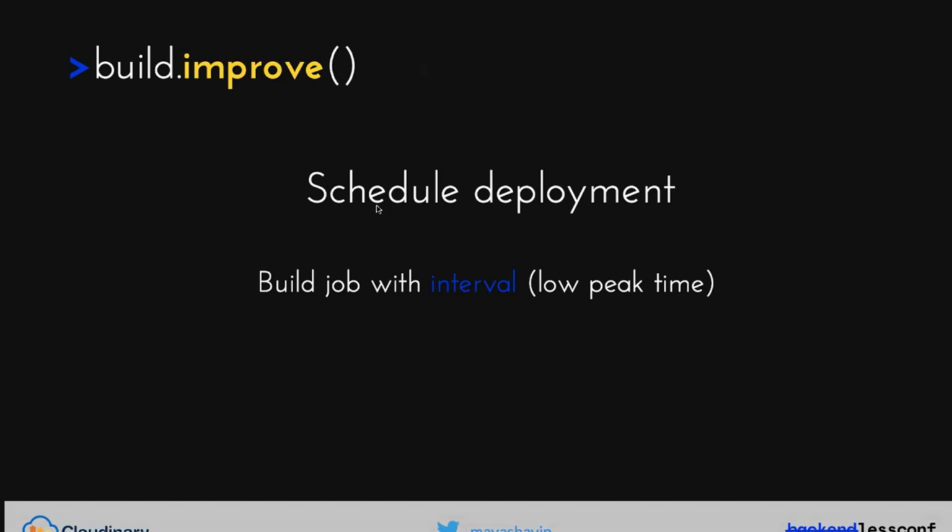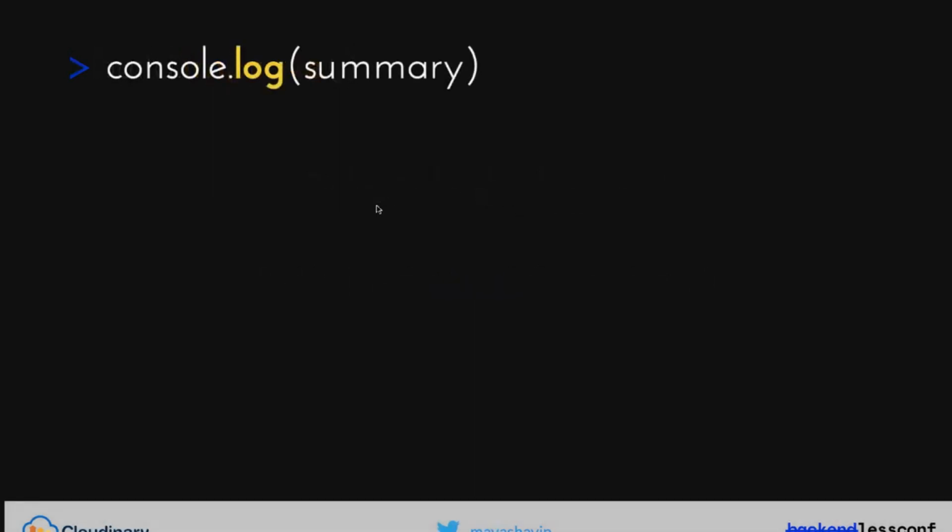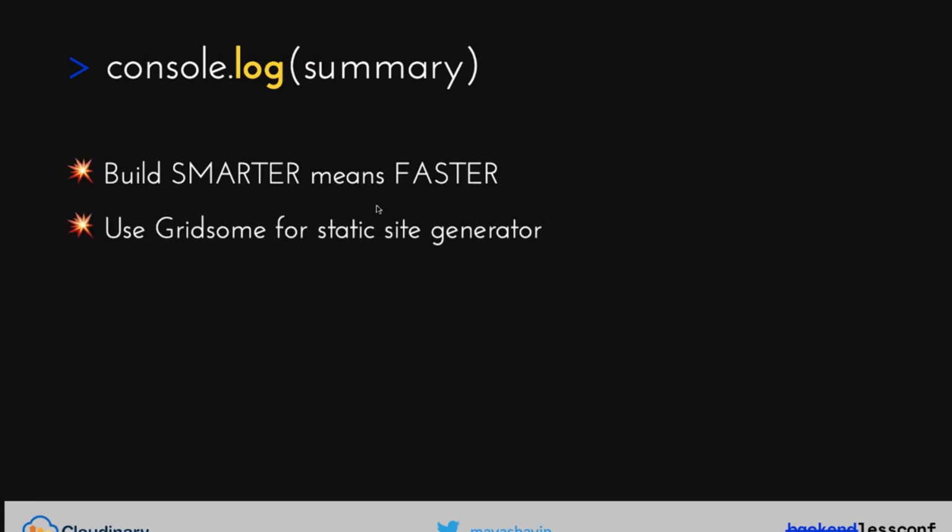And lastly, let's summarize. So what should we do? We need to build smarter, because it means we get it faster. And we need to use Gridsome as a static site generator. It's fast, so use it. If you don't like Gridsome or you don't like Vue for some reason, use Gatsby as a static site generator.